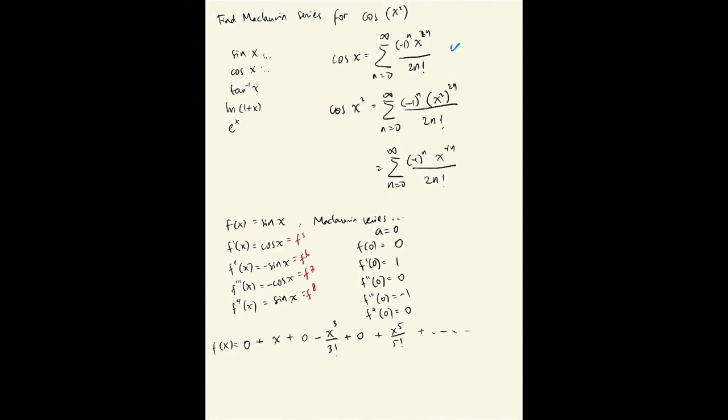I will have my sine x is x minus, it will be positive, negative, right? So it should be 7.